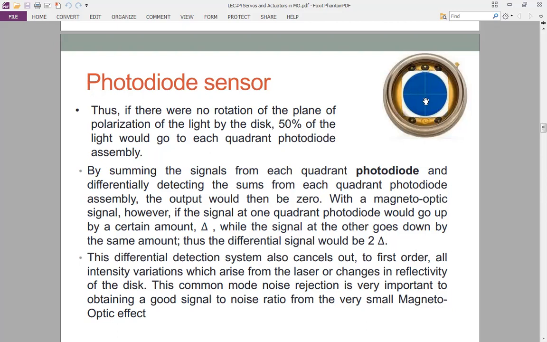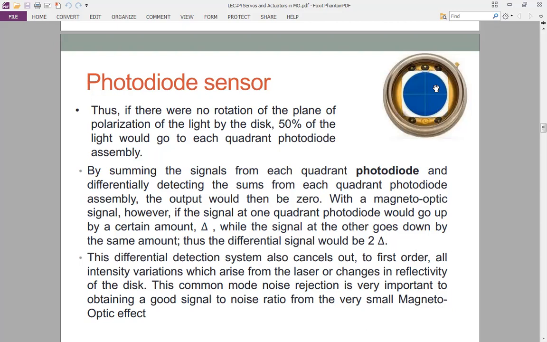If, for instance, you have more light in one quadrant, the intensity of light in one quadrant is more than the intensity of light in the other quadrant, then it means there is something that is not correct with the focus. Either the disk has moved far away from the lens, or it has moved too close to the lens.